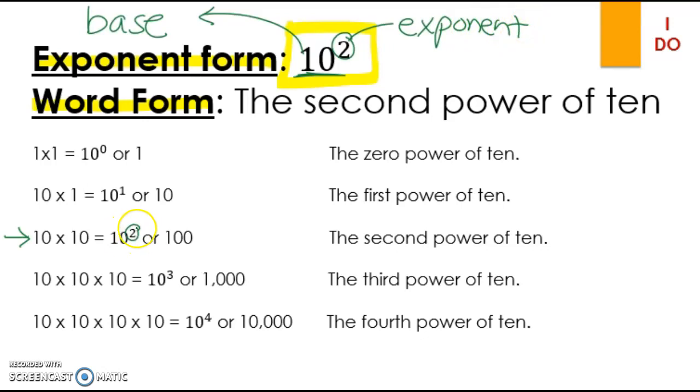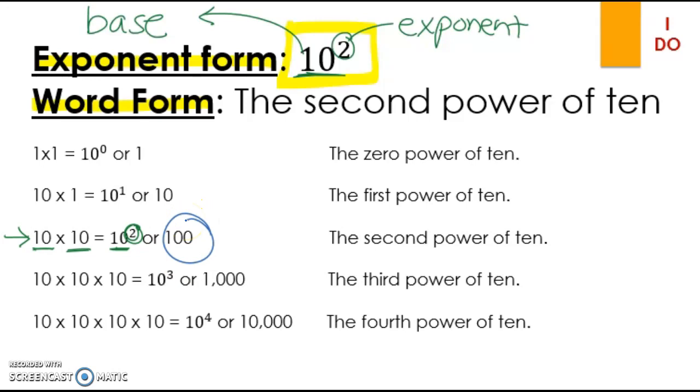Since we see a 2 next to the 10 and it's written in superscript form, it means that we are looking at an expression 10 times 10. We're looking at the expression 10 times 10 because we have a base of 10 with an exponent 2. That also means that we can solve this expression 10 times 10 and we get the product 100.